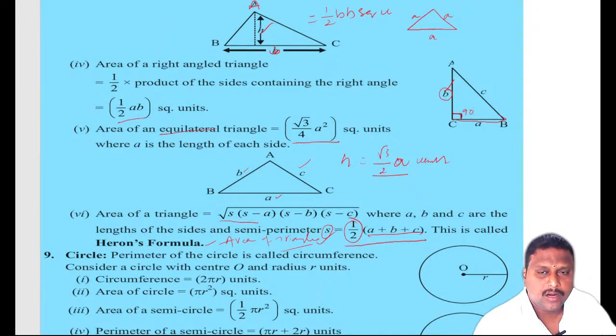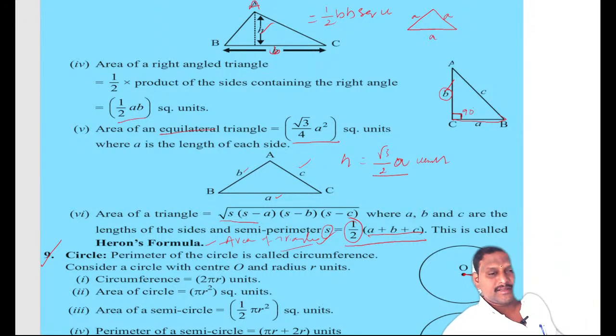This is all about the triangle and quadrilaterals. The other shape we need to discuss is the circle. A circle contains only one parameter, that is radius. The distance from the center to any point on the circle is called radius.